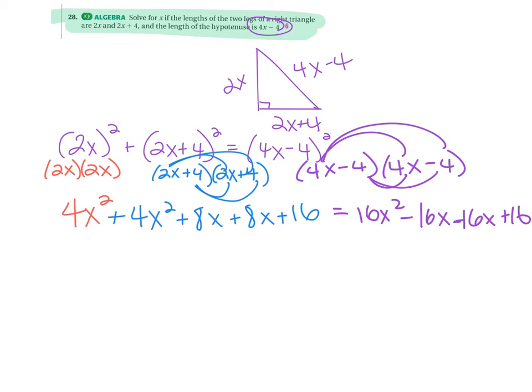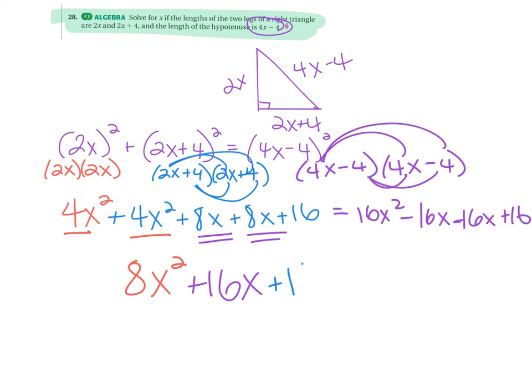And then I would go through and combine my like terms. So I've got 4x squared plus 4x squared, which is 8x squared. 8x plus 8x is 16x plus 16 equals, on the right-hand side, 16x squared. There's 2 negative 16x, so that'd be negative 32x plus 16.